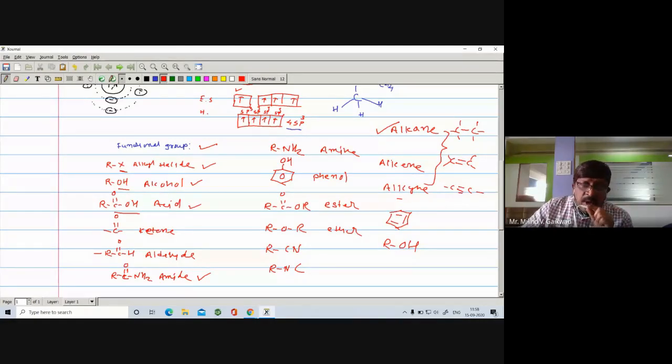A functional group is an atom or group of atoms due to which that family gets its characteristic property. That property may be physical or chemical. If one knows the physical and chemical properties, you may say this is the functional group, and if you know the functional group, you can write the properties for the family.